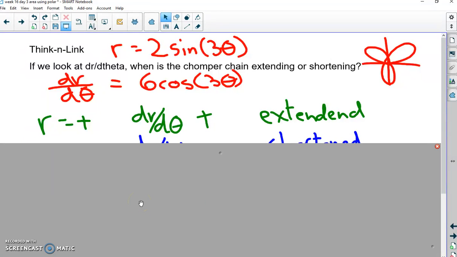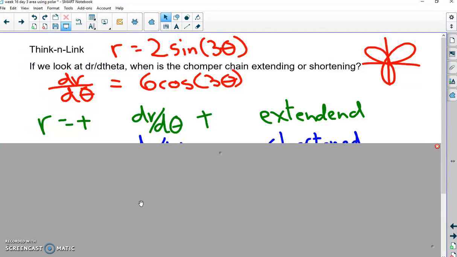Okay, but here's my question to you. Just because dr/dθ is positive does not mean I'm getting longer radiuses. I'll say that again. Just because dr/dθ is positive does not mean I'm getting positive or bigger radiuses. What's the key to it?